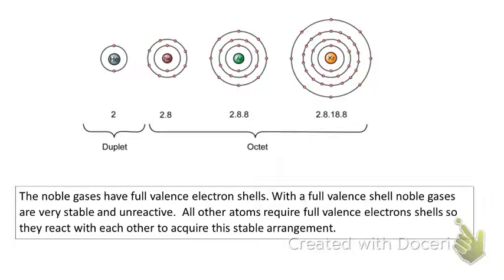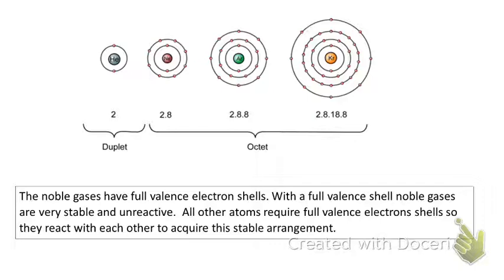For instance, let's take a look at these noble gases. These noble gases, if you look closely, have full valence shells. How do we know that? Well, to have a full valence shell, you must have either 2 valence electrons, such as helium does, or you need to have 8 valence electrons, like neon and argon and krypton and xenon and radon.